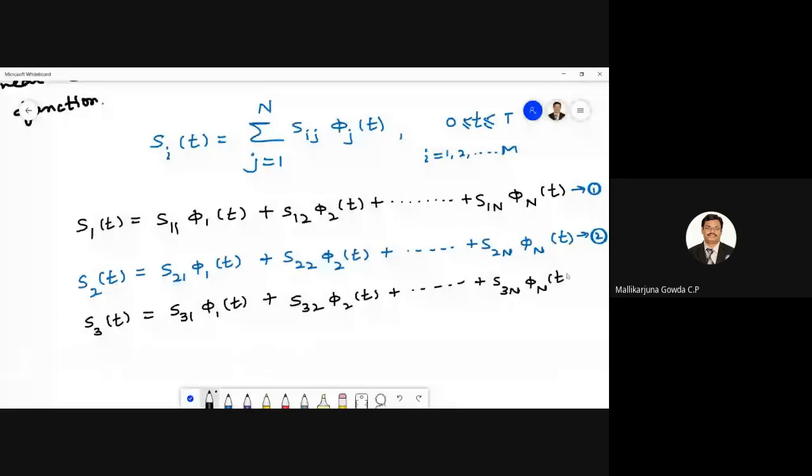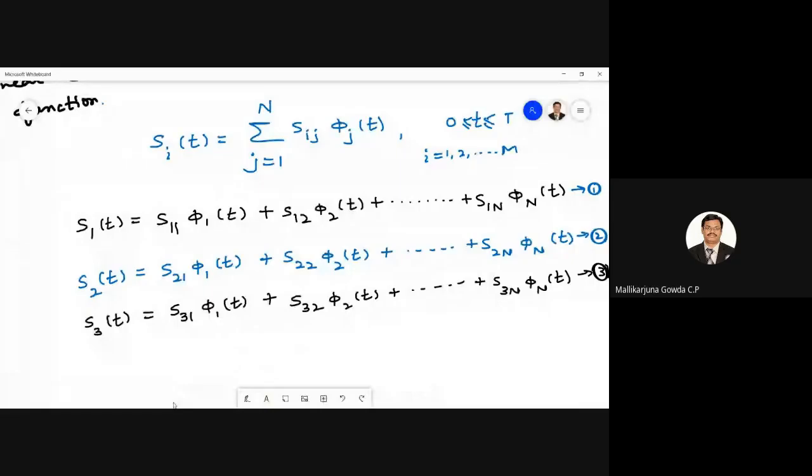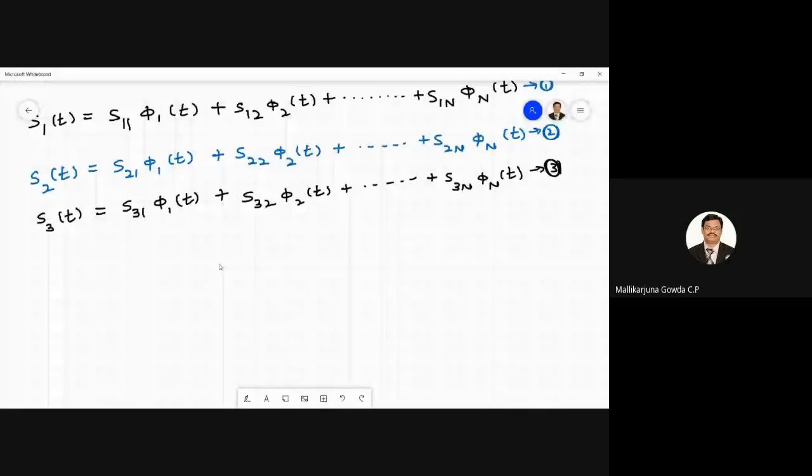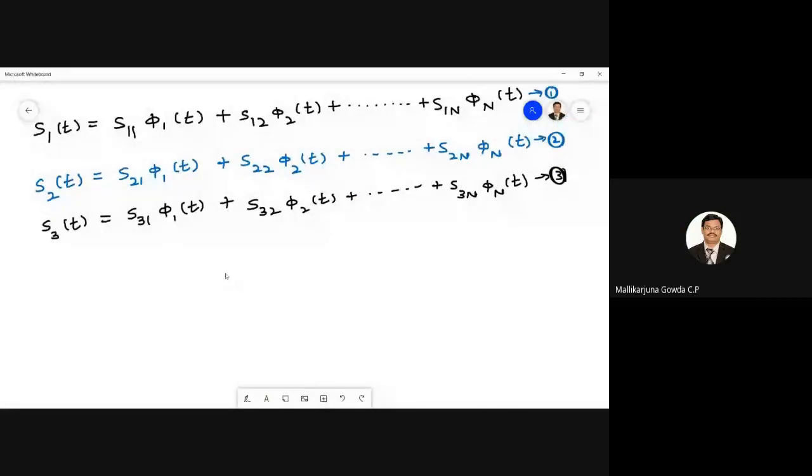Let me call this equation 3. Like this I can write up to where? The value of i can vary from 1 to M, so the value of i can vary up to M.